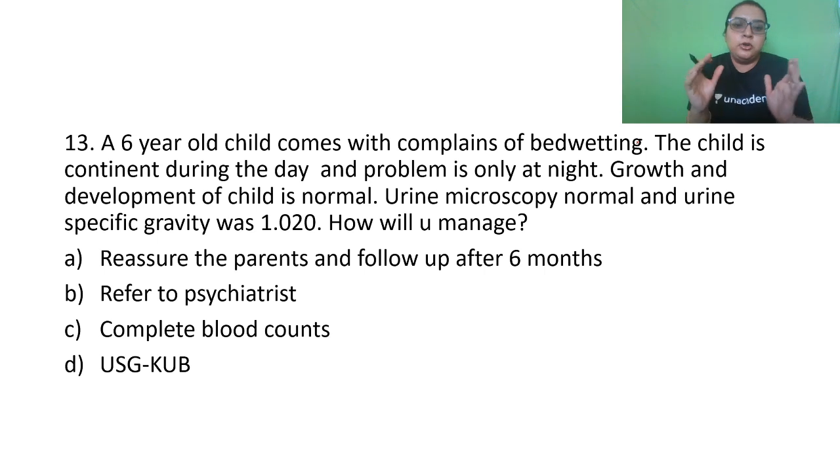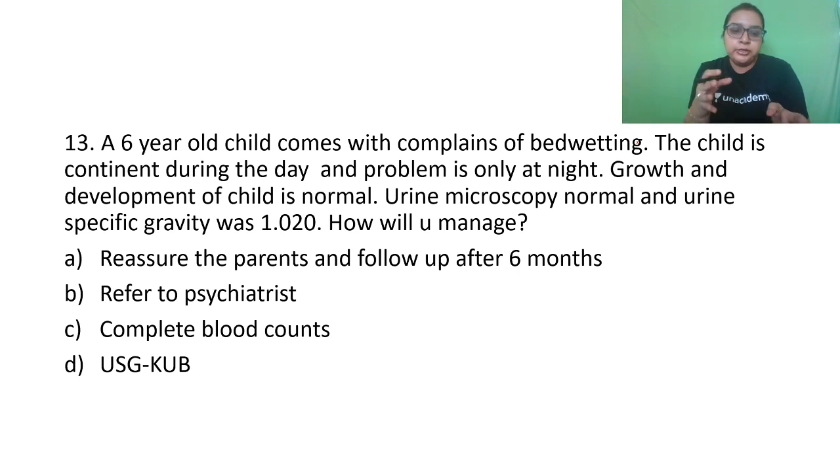This is nocturnal enuresis, and the best part about nocturnal enuresis is, 6 years is a borderline age, and literature has said, and even our clinical experience says, that after 6 years of age, mostly this enuresis regresses spontaneously. If it has not regressed after 6 months, then we go for reinforcement therapy or behavioral therapy, right?